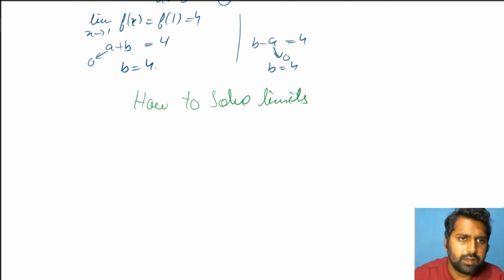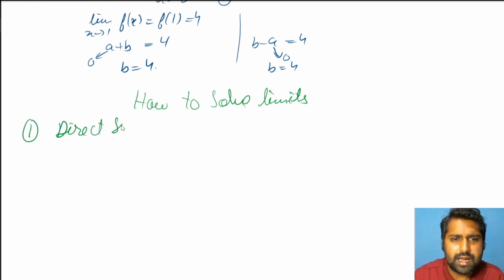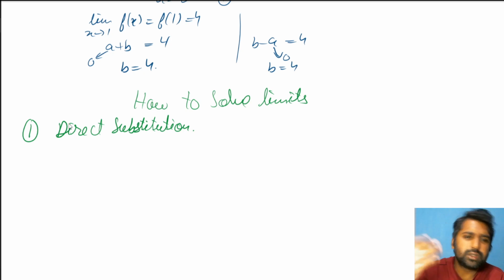I'll start with the first method, known as direct substitution, which is what we have been doing here. Direct substitution means just putting in the value, like when the limit was h tends to 0, I told you to put the value of h as 0.